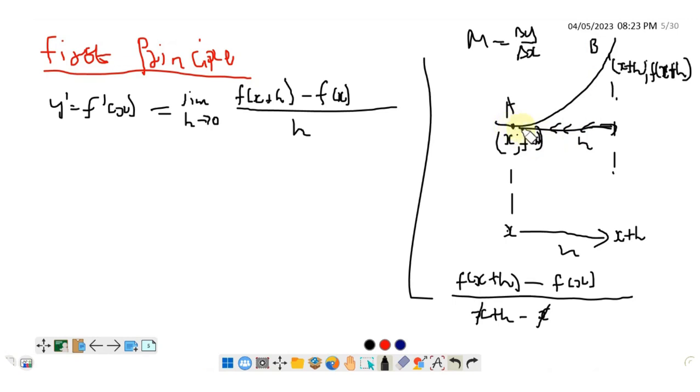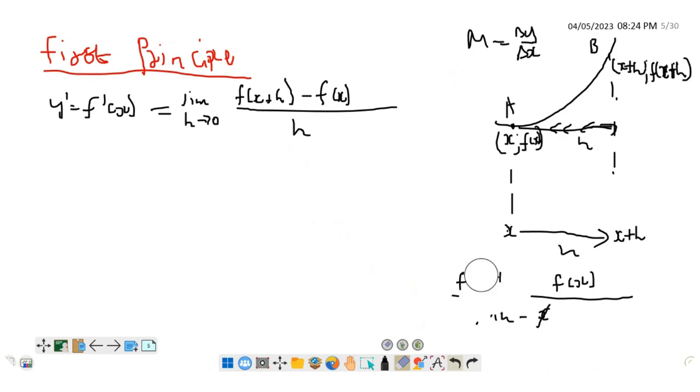So we're going to calculate the gradient when h approaches 0, when point B goes back to point A. I'm just doing this small summary here to show you where this formula is coming from, so that you can see the relationship. Right.